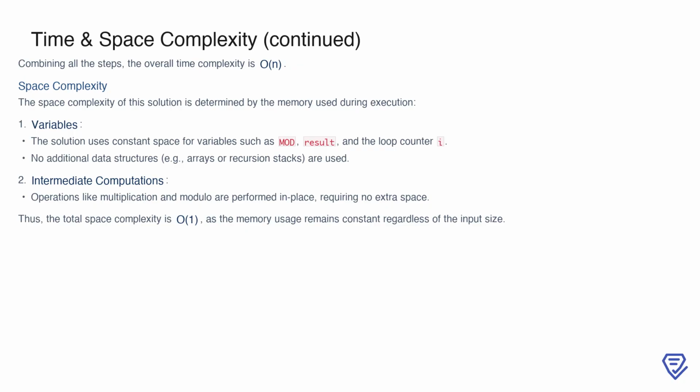Even intermediate computations like multiplication and modulo operations are performed in place without the need for additional storage. This ensures that the memory usage does not scale with the size of the input n. As a result, the total space complexity of this solution is O(1), which means it remains constant regardless of the number of pickup and delivery pairs.